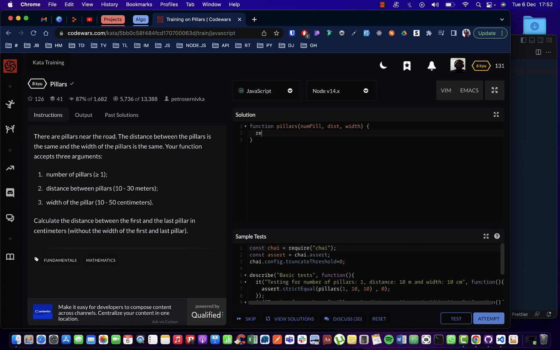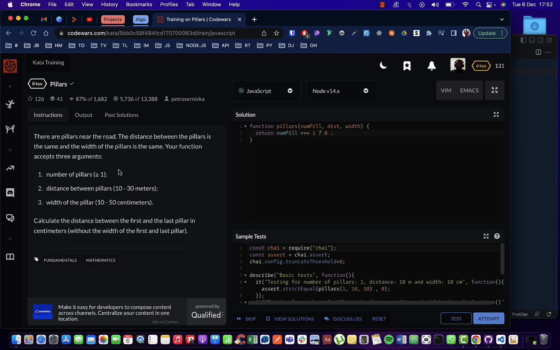So let's just solve this by saying return, and maybe we can use the ternary operator, and we'll say when we have one pillar, so numpil is 1, then we are going to return 0 as the distance between the first and last pillar. Else, we can now consider the scenario when we have two or more pillars.